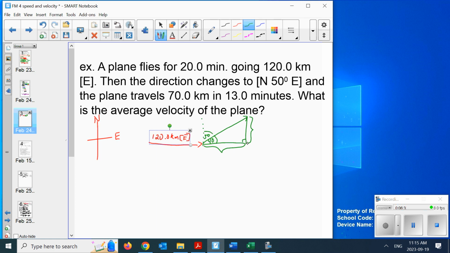In relation to the 40 degrees, that's the adjacent side, so it's cosine. I'm going to involve cosine, and that was 70 kilometers. So this is 70 kilometers times cosine 40.